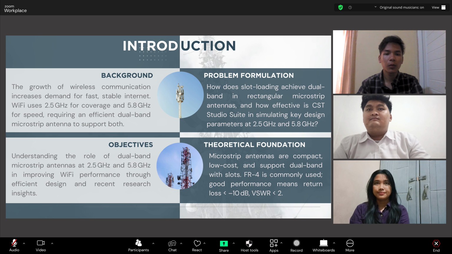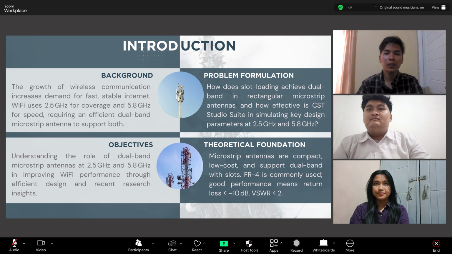2. Problem formulation. The study investigates how the use of slot loading in a rectangular microstrip patch antenna can achieve dual-band operation. Additionally, it evaluates how effective CST Studio Suite is in simulating important design parameters at 2.5 GHz and 5.8 GHz. 3.